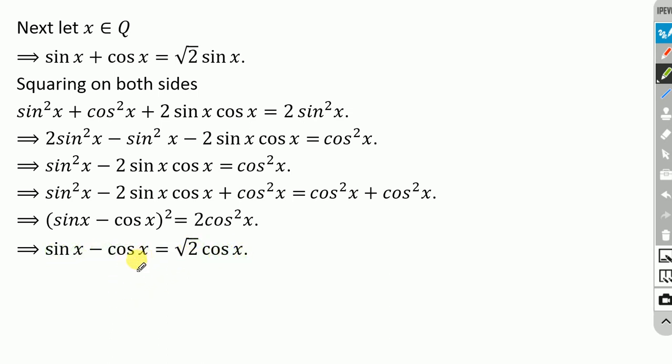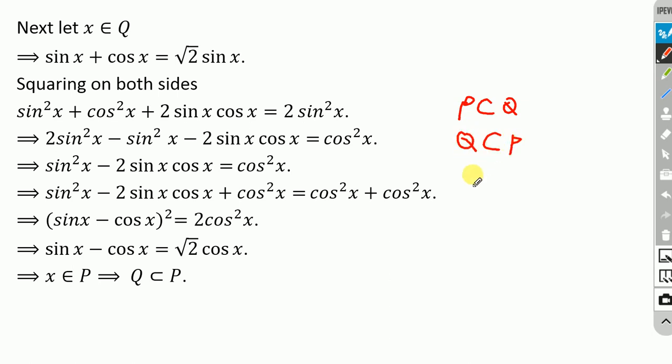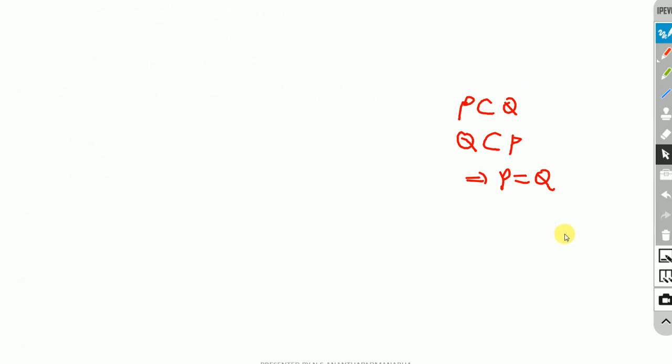So we know that if x satisfies this equation, then x belongs to P. Hence x belongs to P. That implies that Q is a subset of P. So first we have shown that P is a subset of Q, and next we have shown that Q is a subset of P, which implies that P is equal to Q. Therefore option D is the right answer.